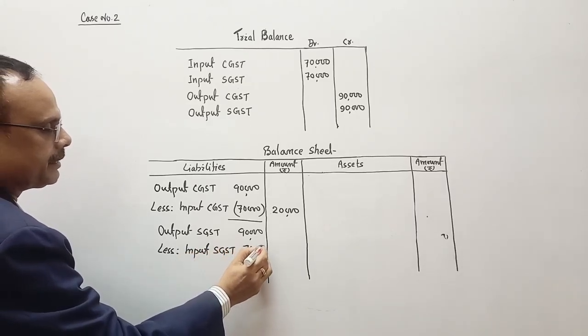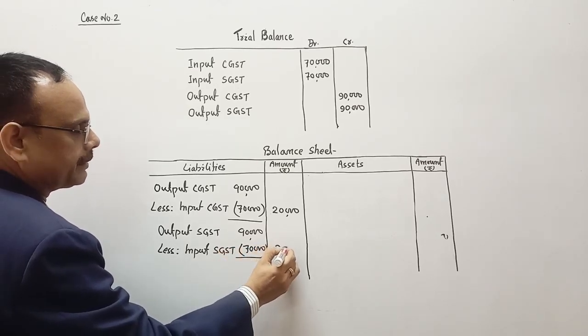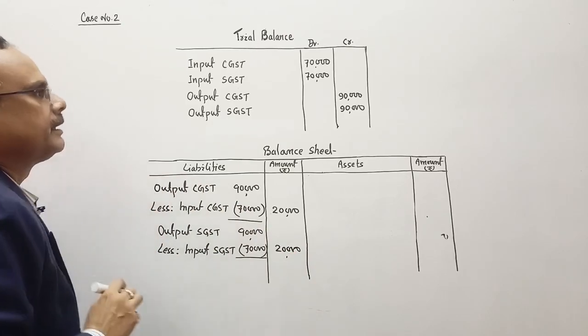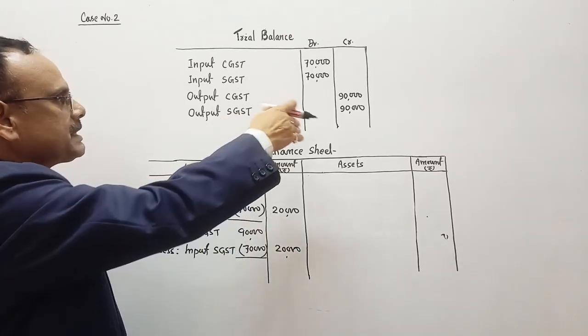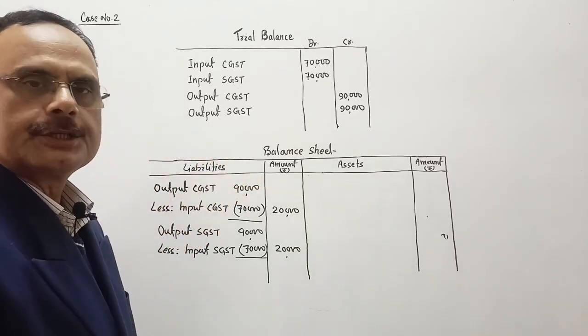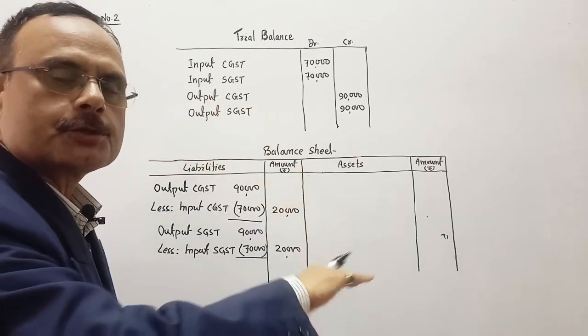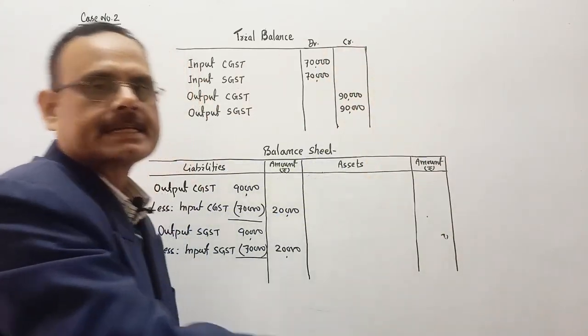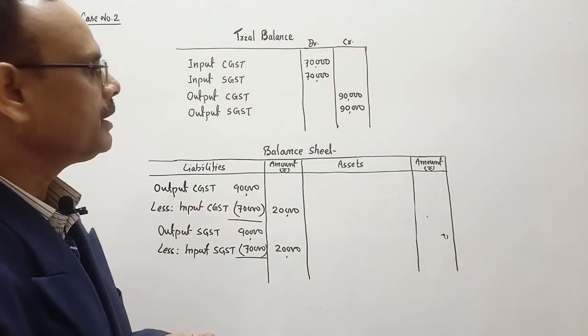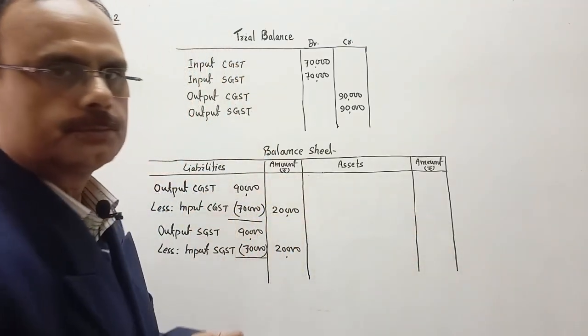You deduct it. The rest amount will be in the liability side. Is it clear? So if the output CGST or SGST is more and input is less, then this will be shown in the liability side, and vice versa will be shown in the asset side. This is case number 2. Is it clear?